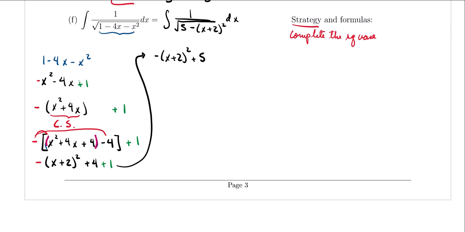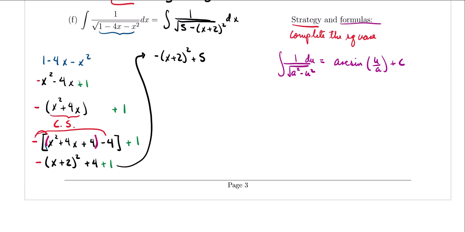Well, remember that we have encountered integrals of this form. I'll write the formula here. The formula that we will be using for this problem is the integral of 1 du all over the square root of a squared minus u squared is equal to the arcsine of u over a plus c.